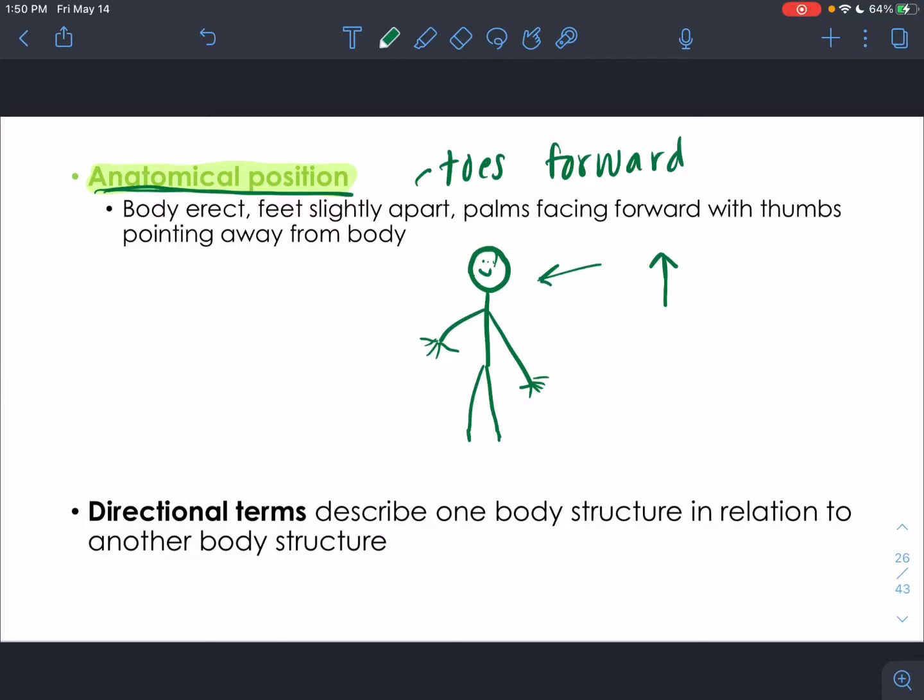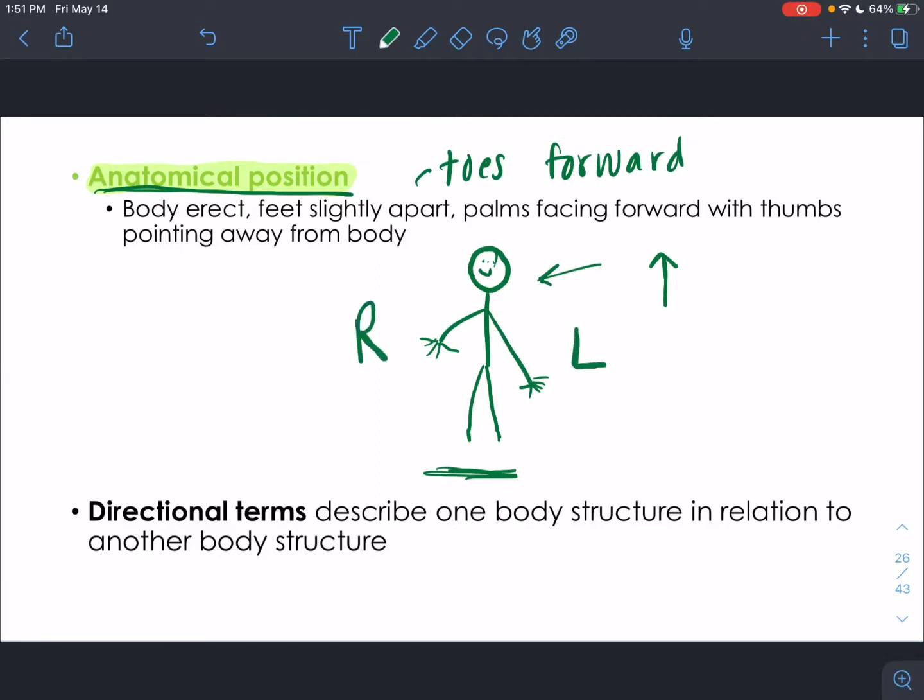Another thing, when we're talking about right and left in the body, so if I say this patient's right arm is hurting, you're always talking about the patient's right. Oh, that's left. Shoot. Put yourself in the patient's shoes. This would be the patient's left side.